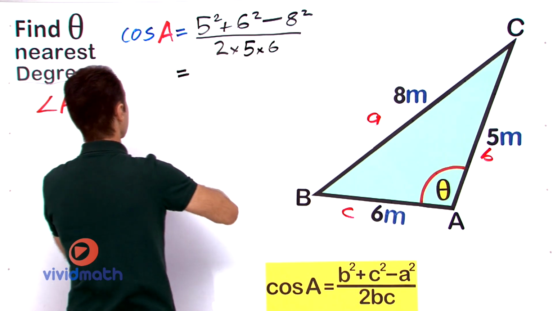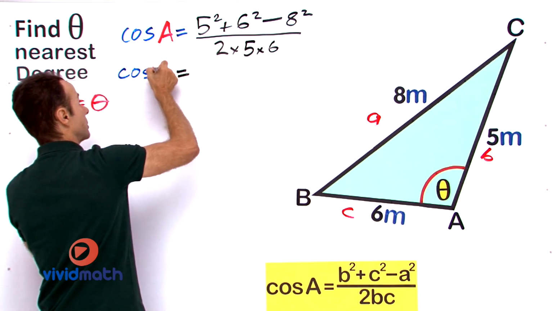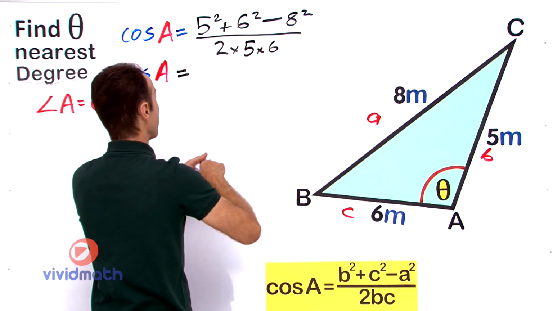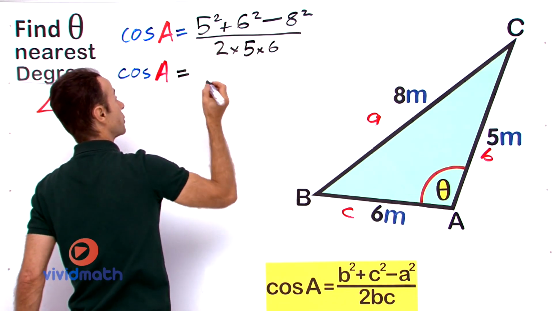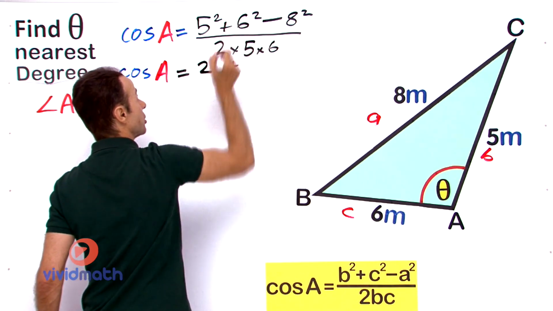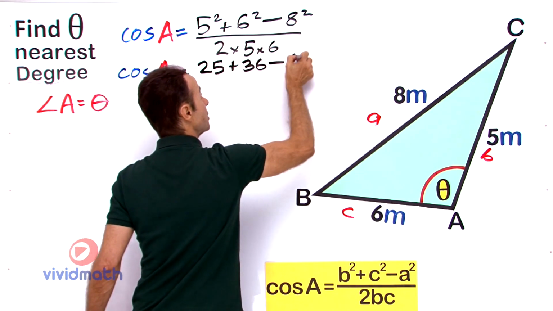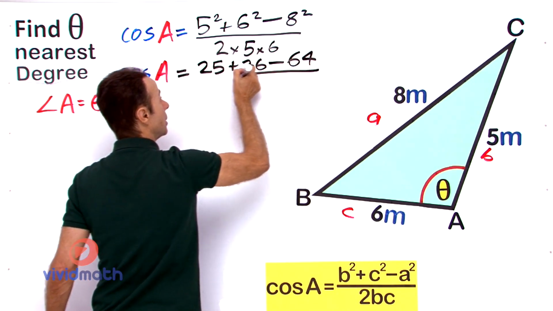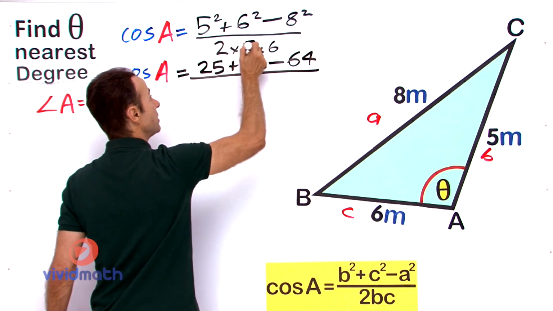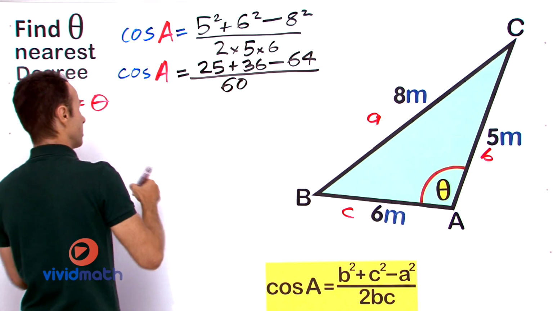Okay, cosine A, angle A. On the top we have 5 times 5, 5 squared is 25, plus 6 times 6 is 36, minus 8 times 8 is 64. All over, 2 times 5 is 10, 10 times 6 is 60. 60 for the denominator down below.